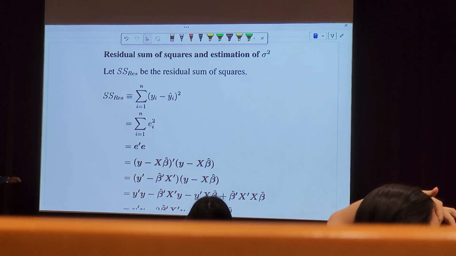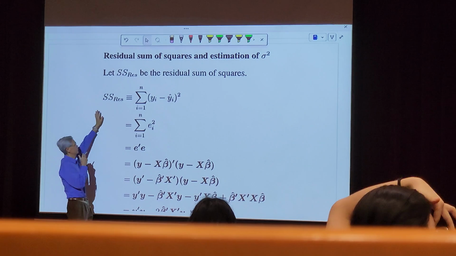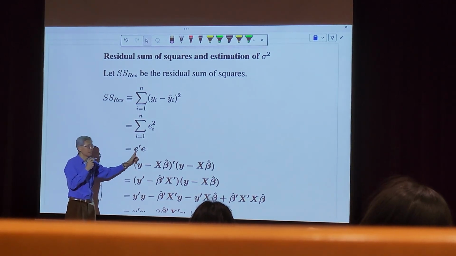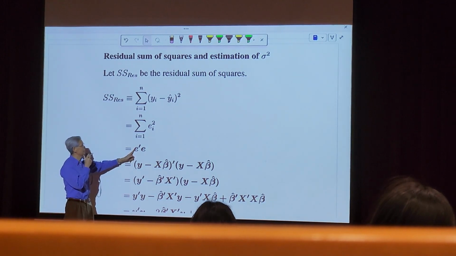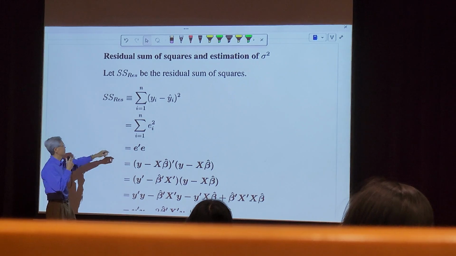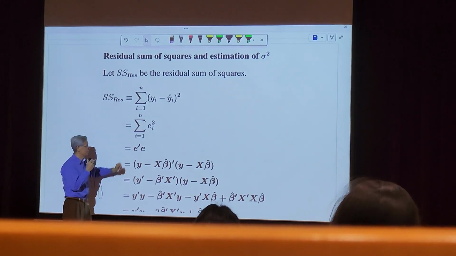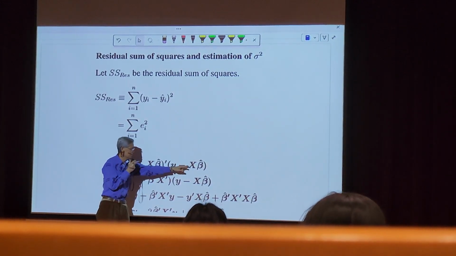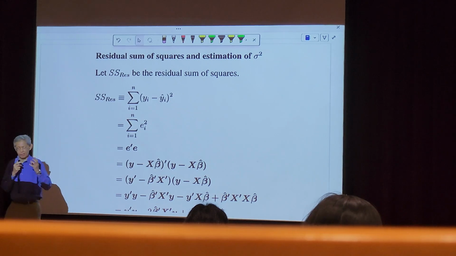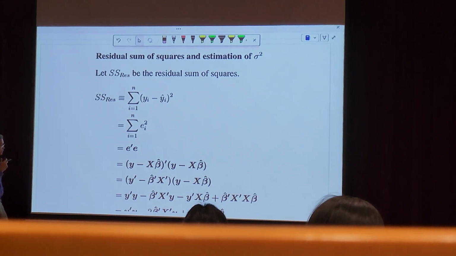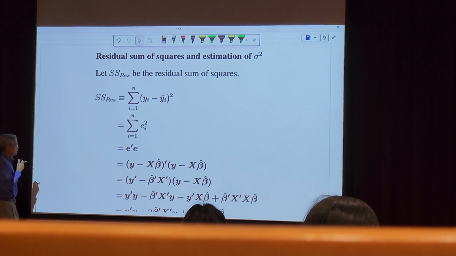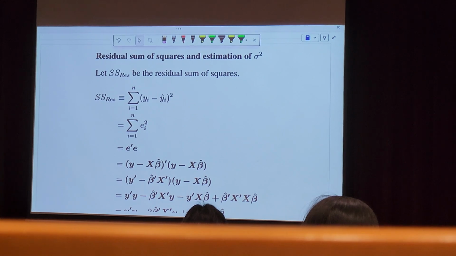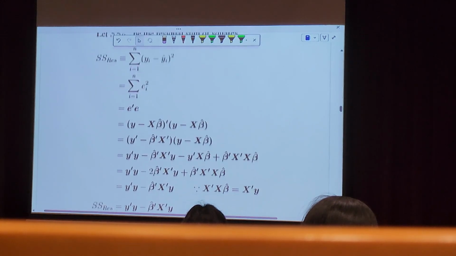I started with SS residue, and you can explain this as I explained in the last lecture.